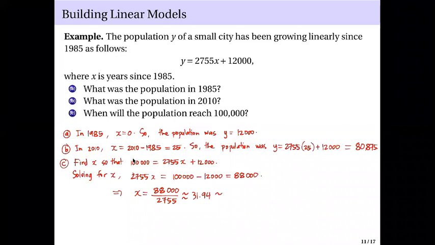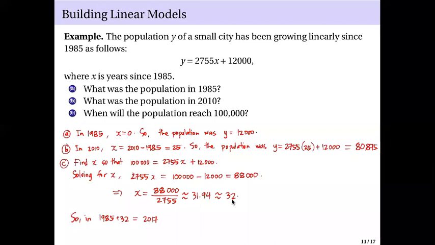And let us approximate this to 32 years. So in 1985 plus 32 years, this is 2017.